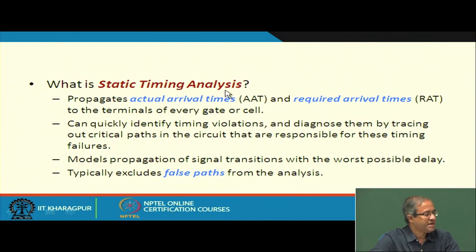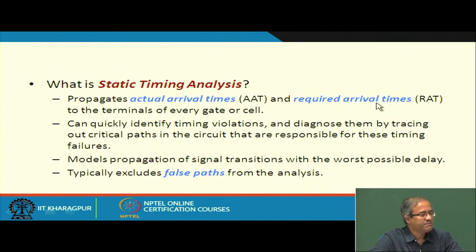Static timing analysis essentially does two things. It starts with a given circuit netlist of gates or transistors, and it tries to calculate the actual arrival times of the signals and the required arrival times. We shall be going into the detail of this later.